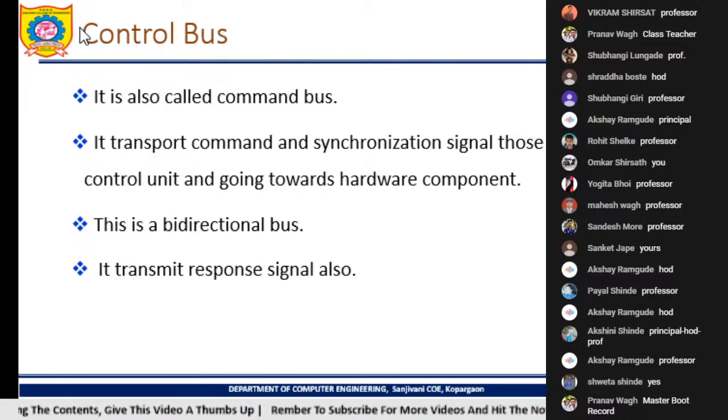So this bus is responsible for giving commands from the processor, or from the control unit, to other hardware components, telling them what they should do. That's why this is also a bidirectional bus: if a command is given from the control unit to a hardware component, that component will send an acknowledgement signal back to say, yes, I have received a command from you and I will do it, or I am not able to do this command, it is out of my scope.